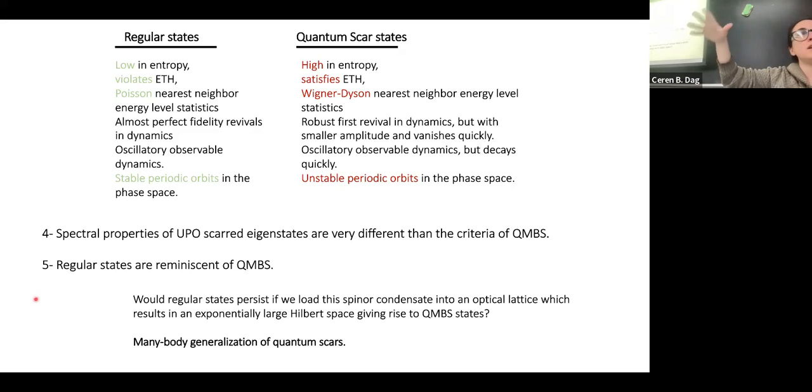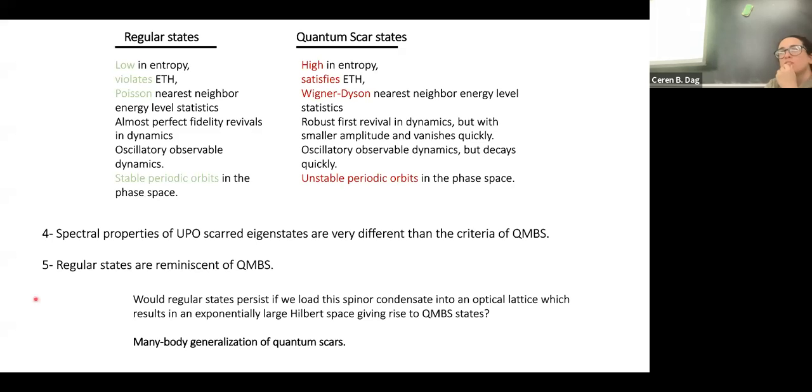But eventually, if it's mainly dominated by the chaotic region, you're likely going to see some sort of thermalization. I think the regular states are really the states in the integrable model.